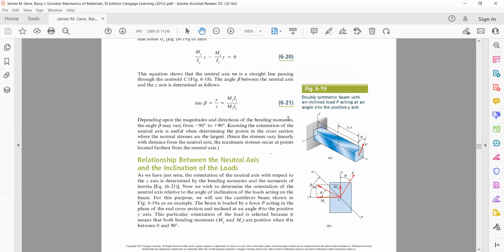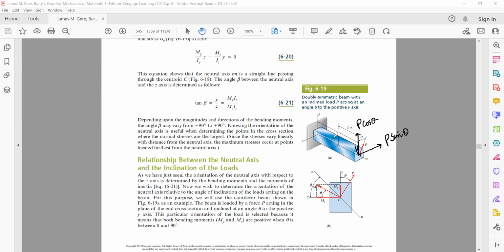One component of P will be in this direction, that will be P cos theta. Another component will be in this direction, that will be P sine theta.